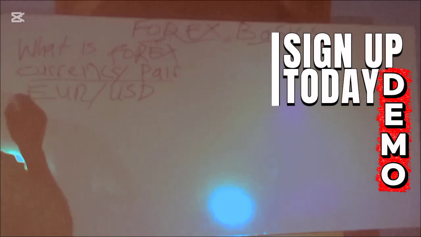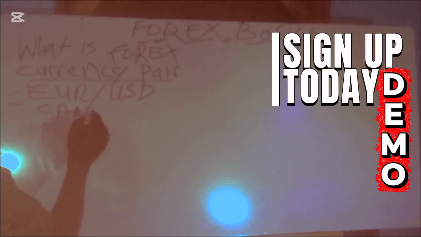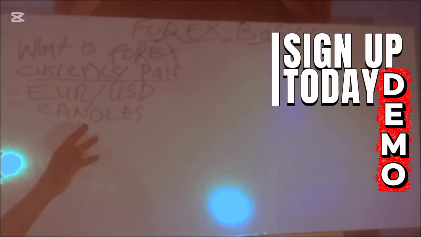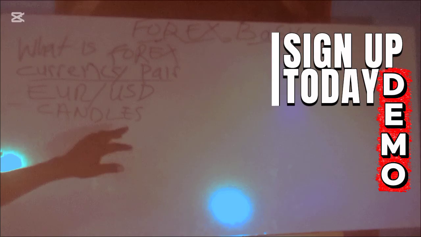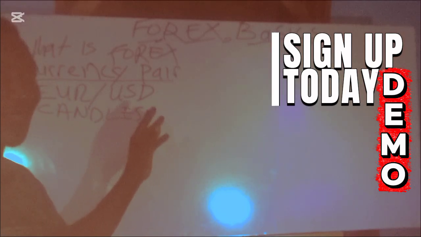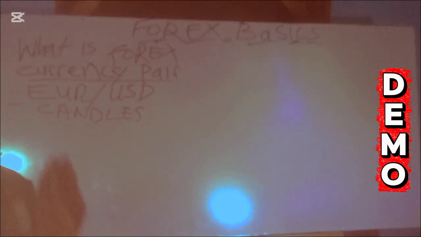We'll talk about candles, the different kinds, and how we can read the characteristic attributes of each of the candles, because a candle represents the trade. The trade can be in time frames.